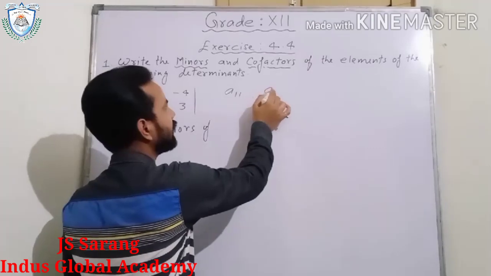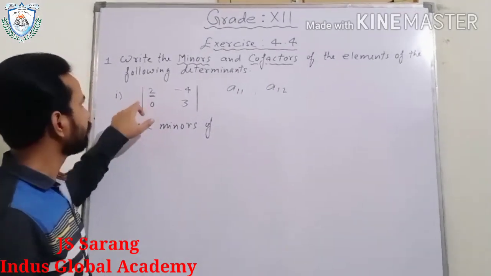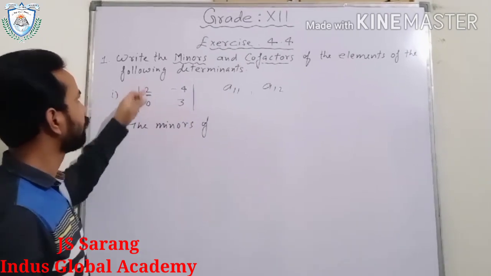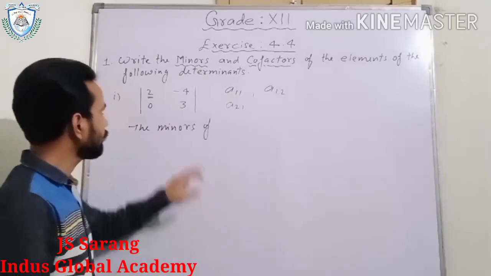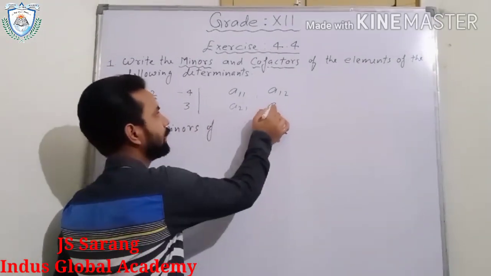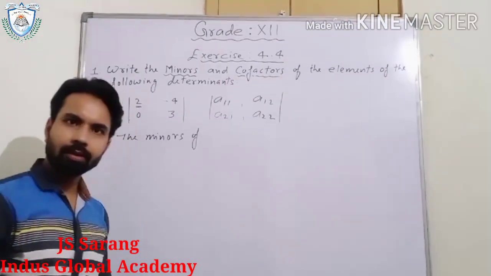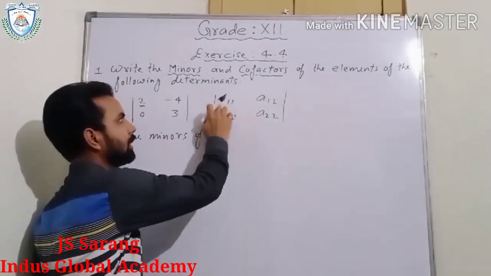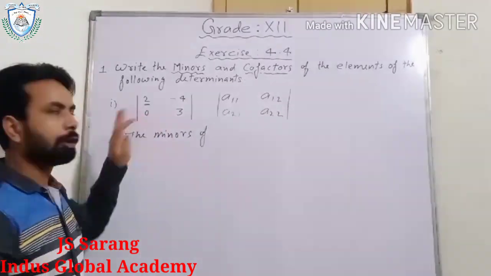So it is denoted as A12. 0 is the element of second row first column. So it is denoted as A21, and 3 is the element of second row and second column. So it is denoted as A22. Understood? So these are the representation of the elements of the determinant.